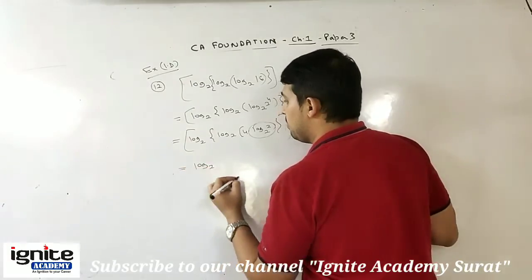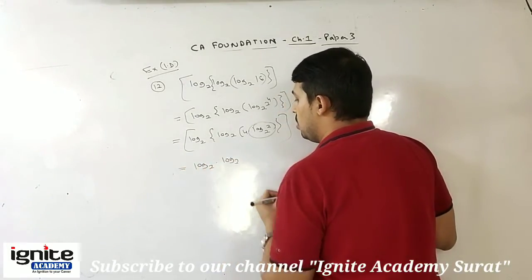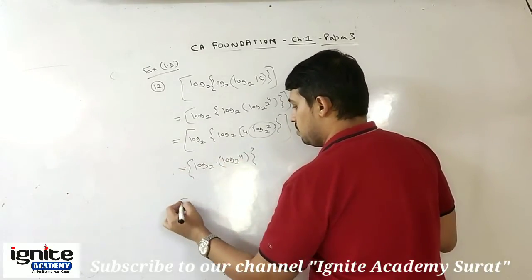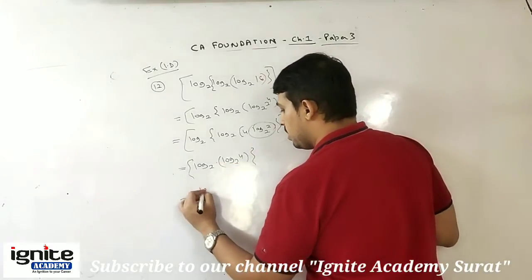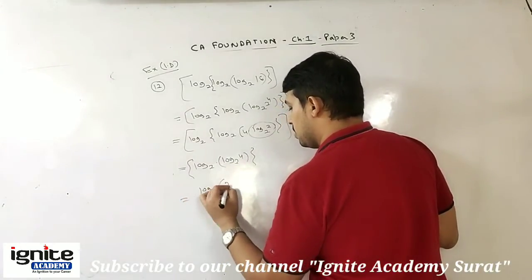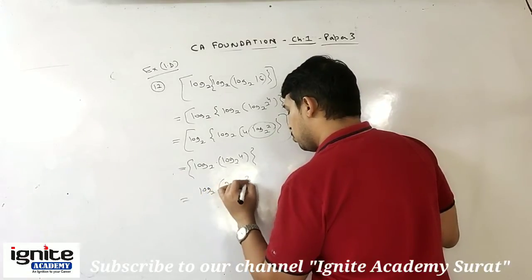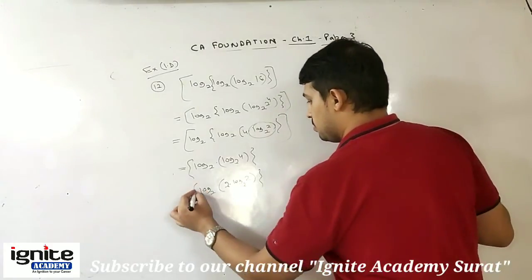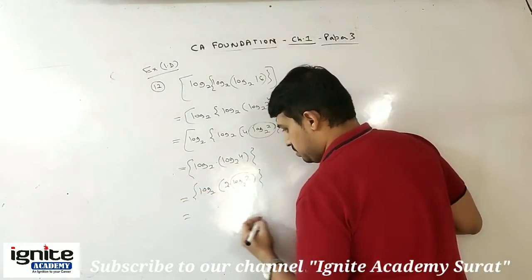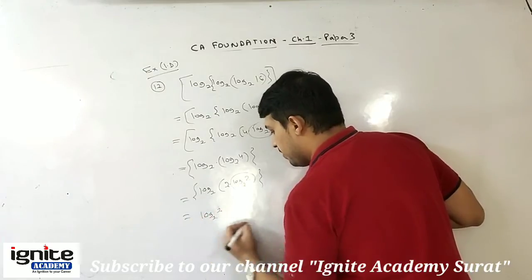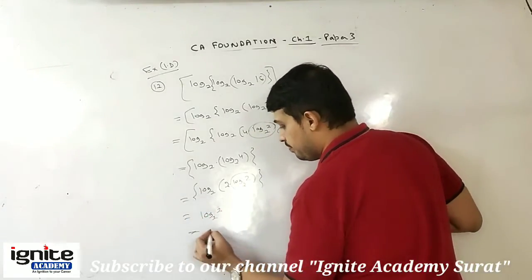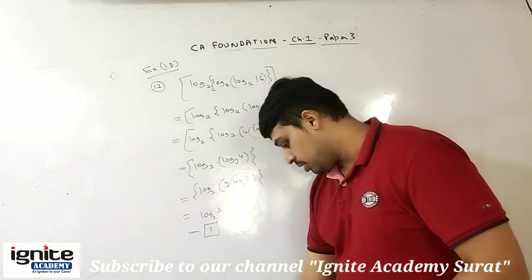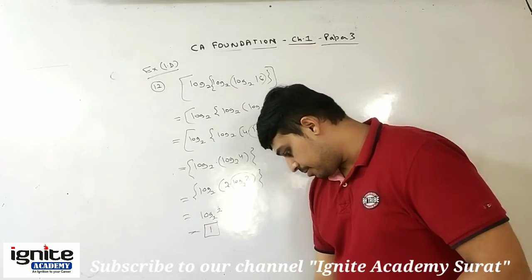So the remaining part will be log 2, and this will be 4. Now 4 will be 2 square. This will become 2 log 2. Again this will become 1. Finally, what is left? Log 2 base 2. Even this is 1. So the final answer is 1. So this is how you can solve the question. Then next part.